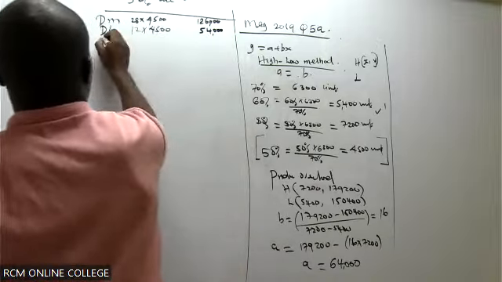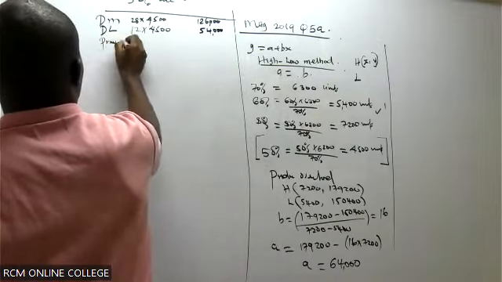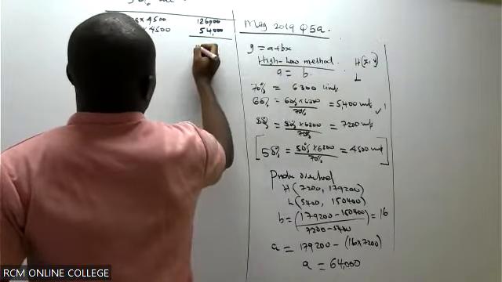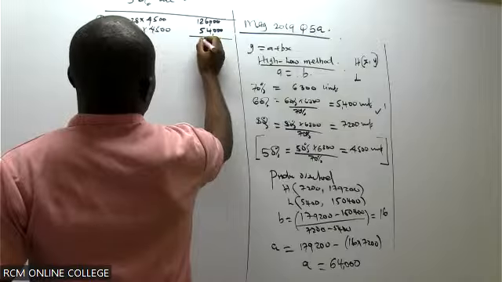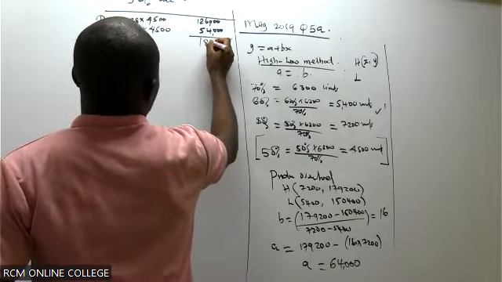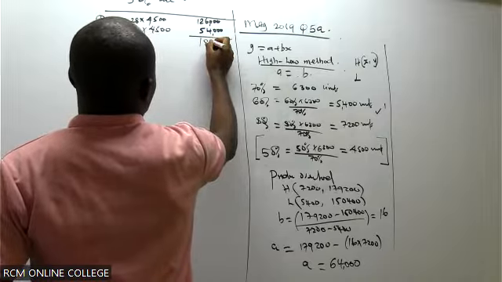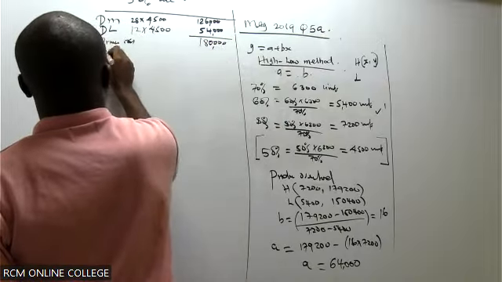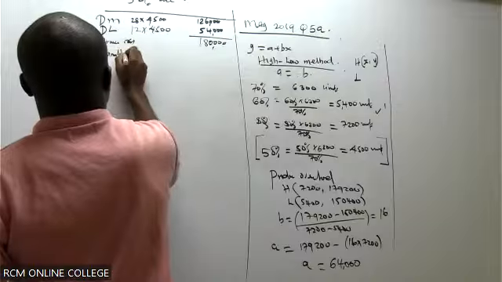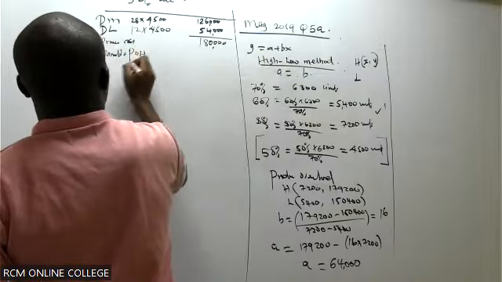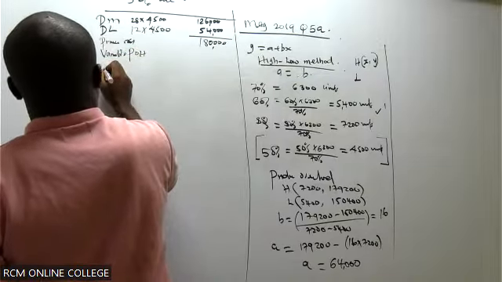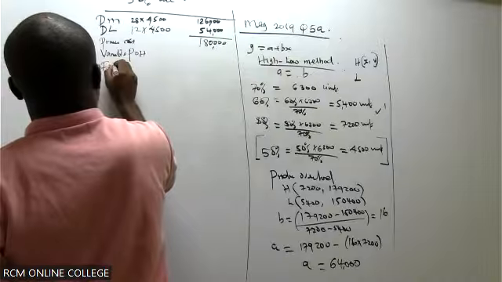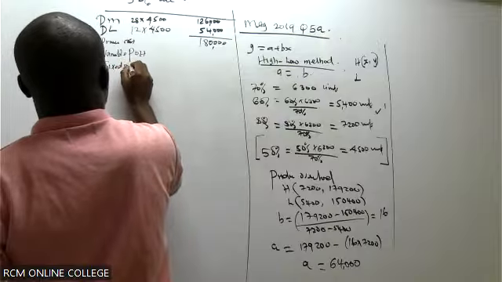Then this one will give us what we call prime cost. So you put prime cost there. 126 plus 54, is it 180,000? Then you add variable production overhead. Then we add fixed production overhead.